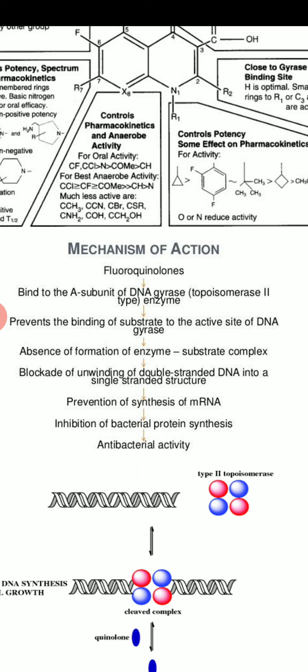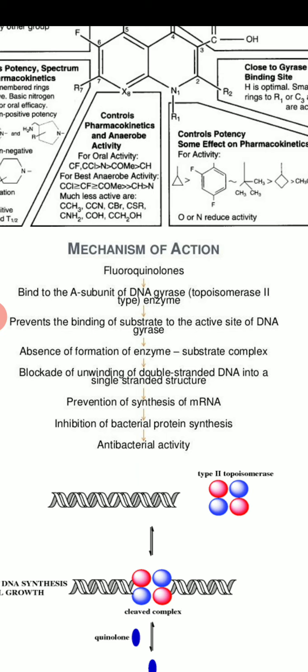The ring helps in the penetration of the drug through the outer membrane of the bacteria. This is why they are very active drugs and very active derivatives. The 6 position should be substituted with fluorine. This is why all the second generations are called fluoroquinolones.